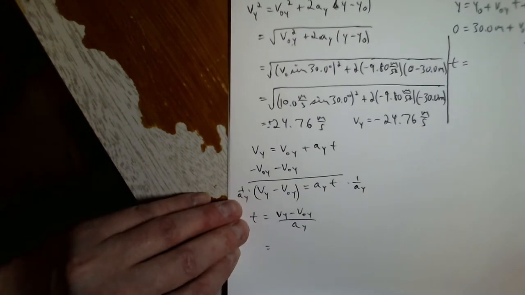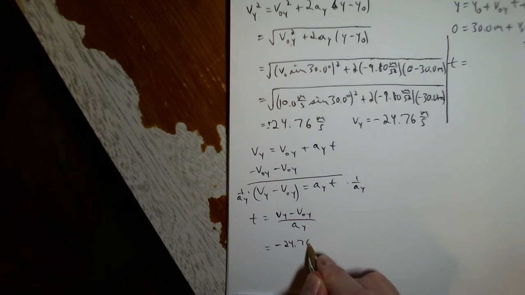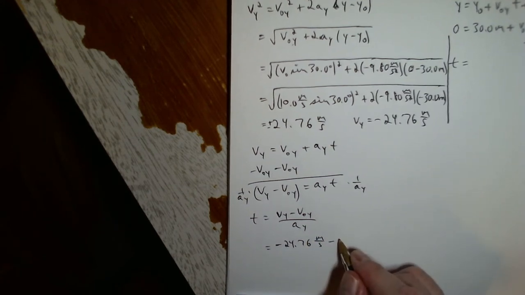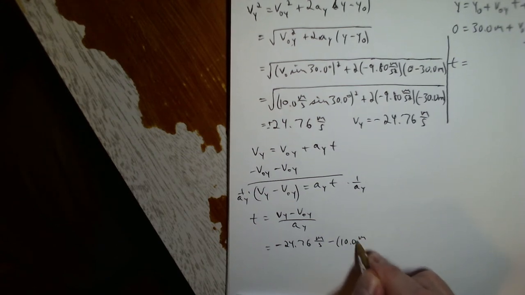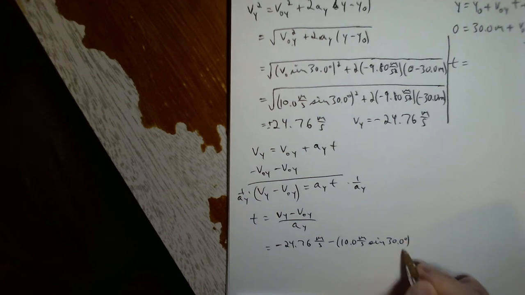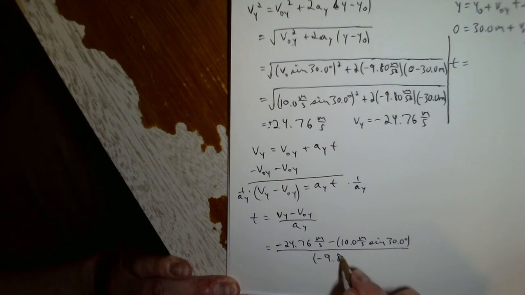All right, so Vy is minus 24.76 meter per second. V sub naught y is the 10 meter per second times sine of 30 degrees, and minus v sub naught y, so minus the positive value of v sub naught y, divided by ay, which is minus 9.8 meter per second squared.